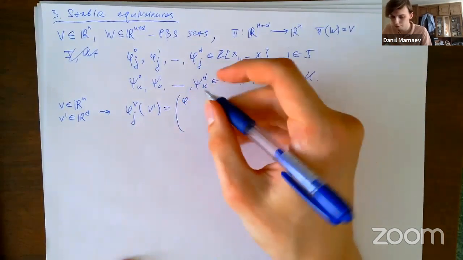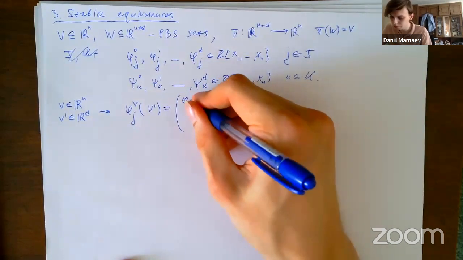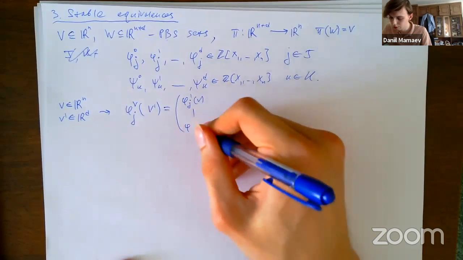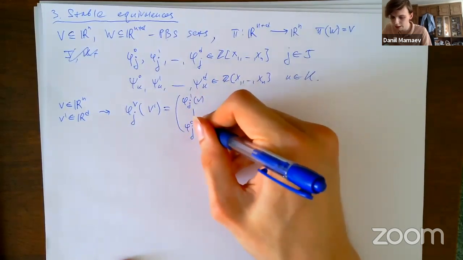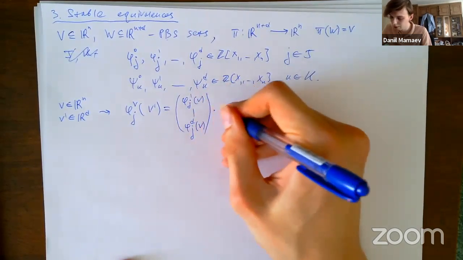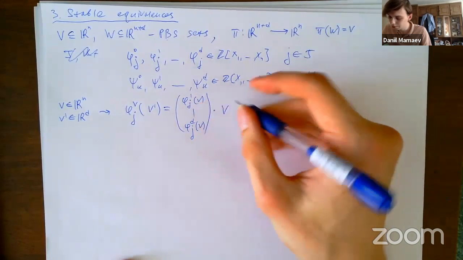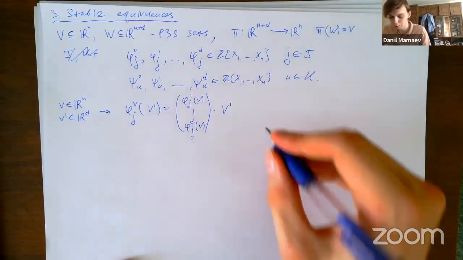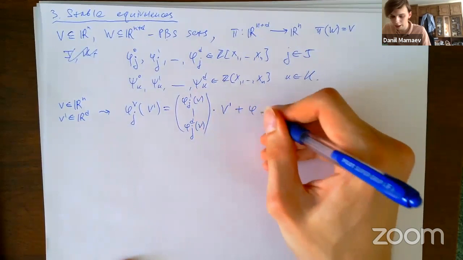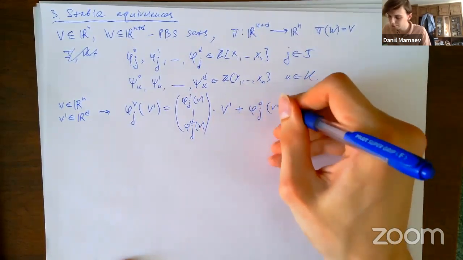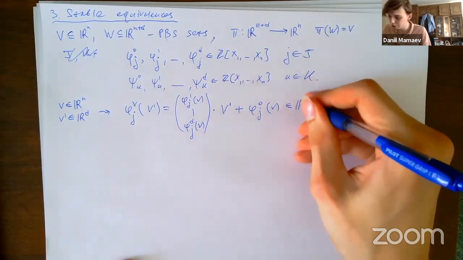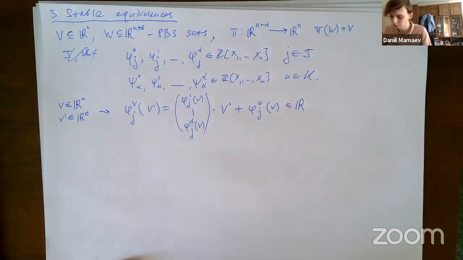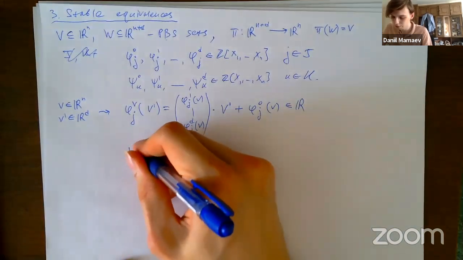First we compute the linear functional, we apply it to V prime, and then we add a constant. It's an element of R. And the same for psi.